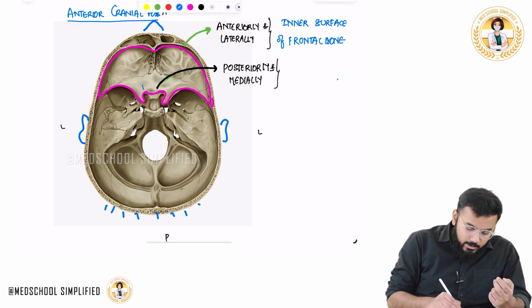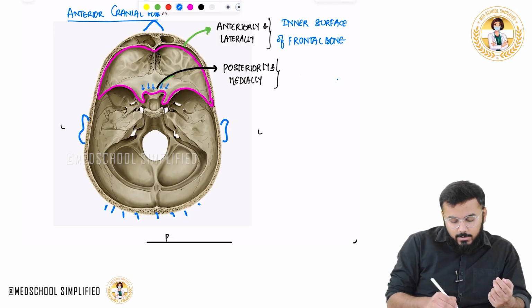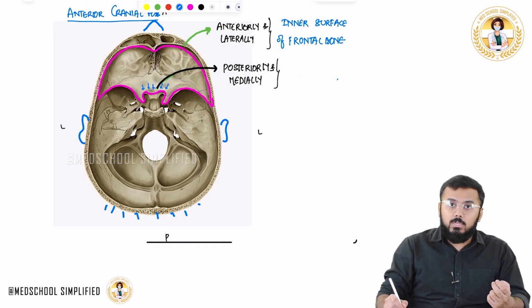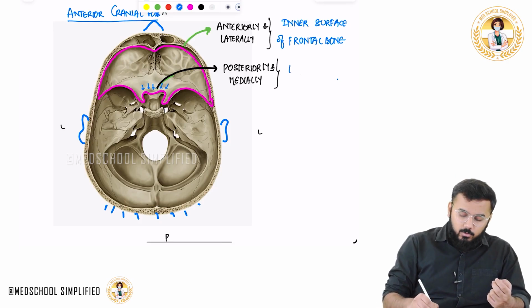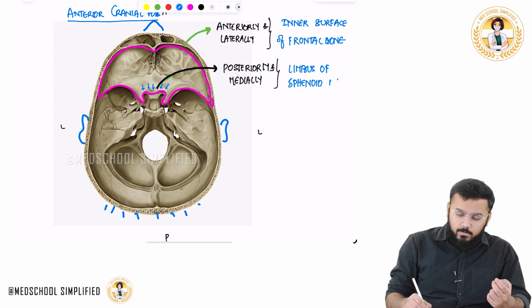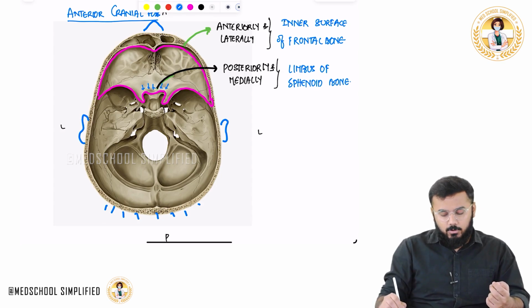I have got this particular thing which I am highlighting right now. This particular thing is called the limbus of sphenoid bone. What is this called? This is called the limbus of sphenoid bone.